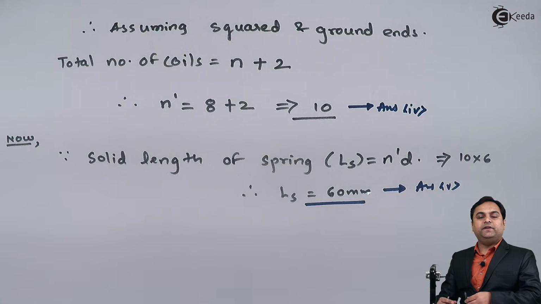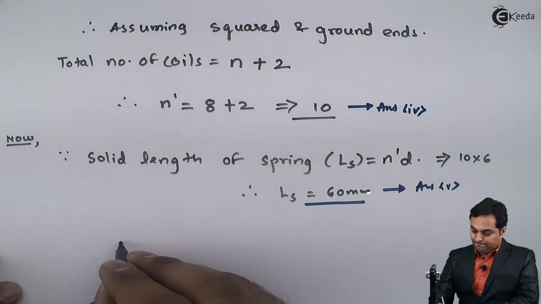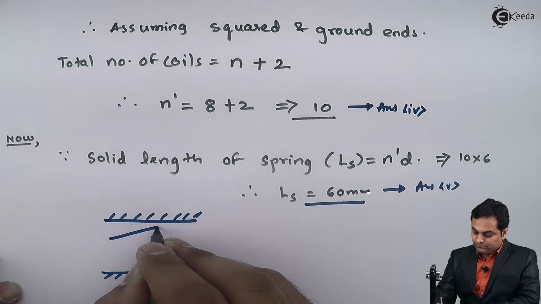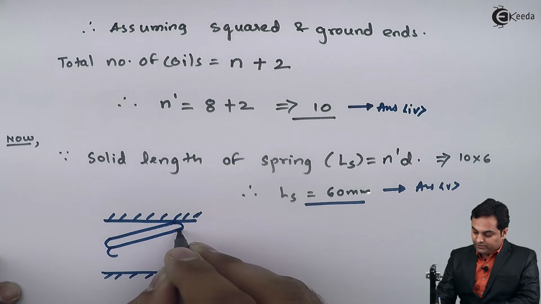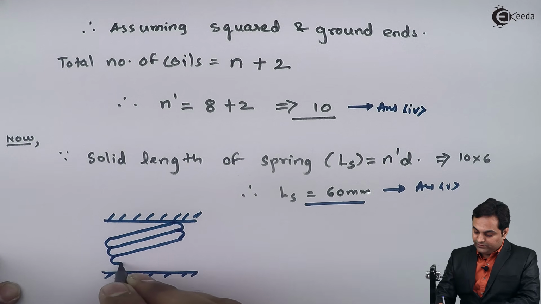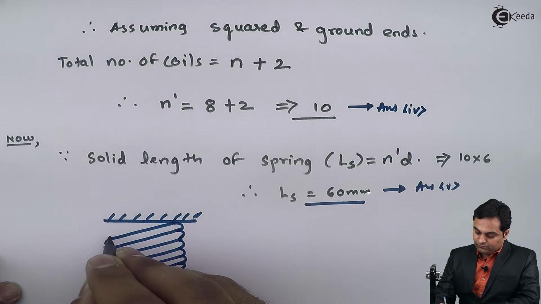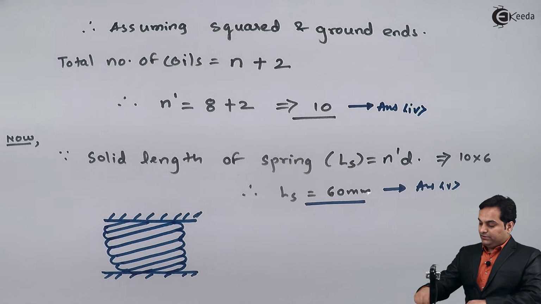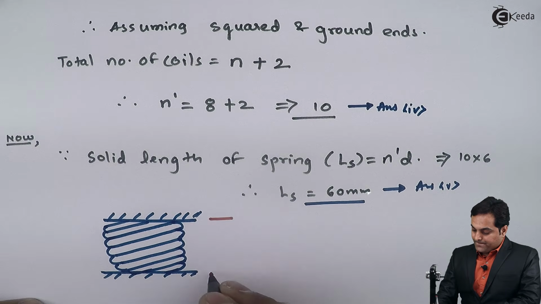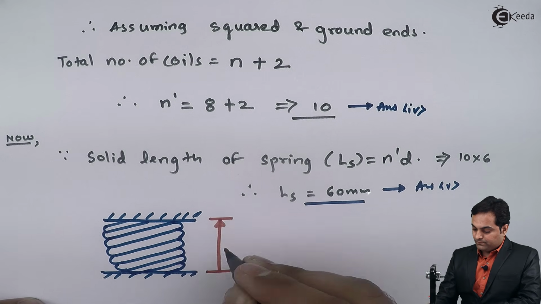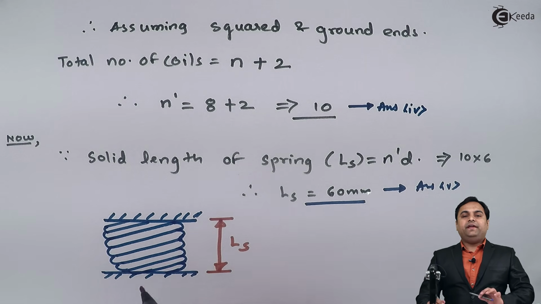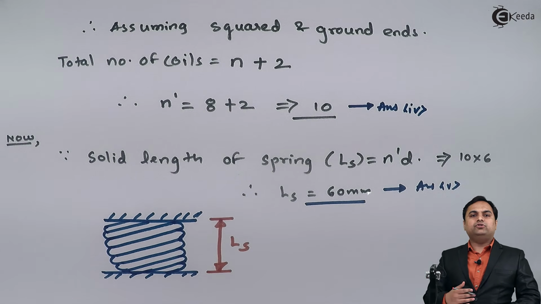Solid length, I can explain it with the help of a diagram. Here I am drawing the diagram for solid length. Now, this solid length is the length of the spring in completely closed condition.